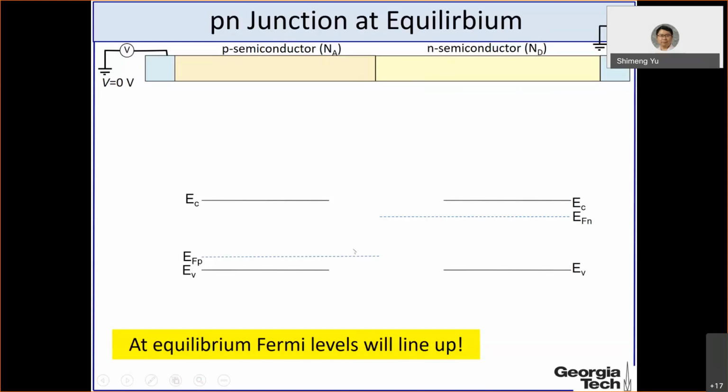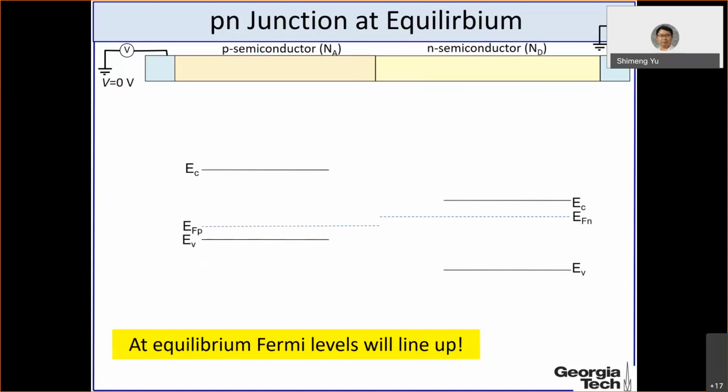So we need to do something to make them line up. So how do we do that? Once those two pieces of silicon talk to each other, the Fermi level will line up like this. Now you have a single Fermi level. This is to satisfy the condition that the system is in the equilibrium state.